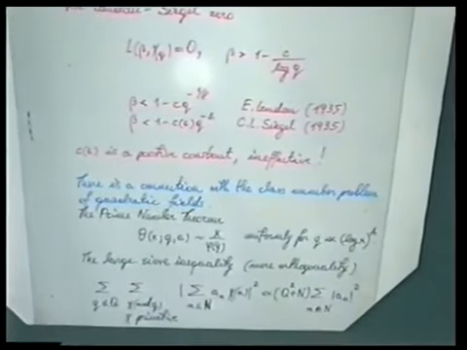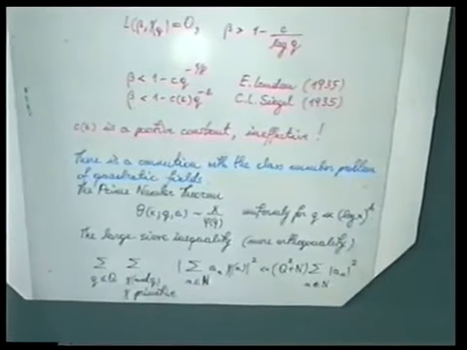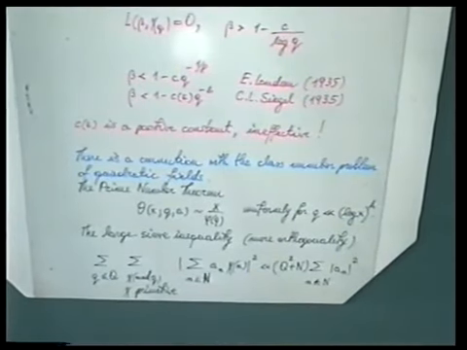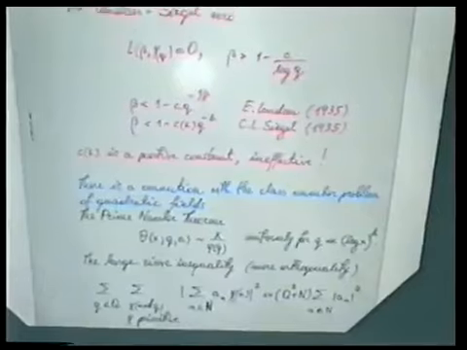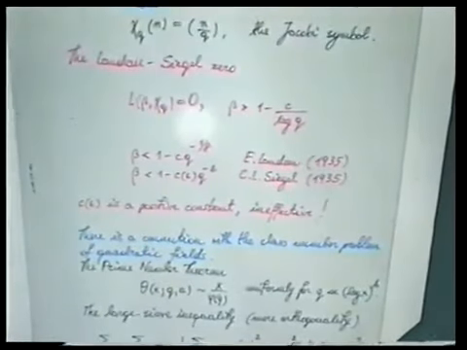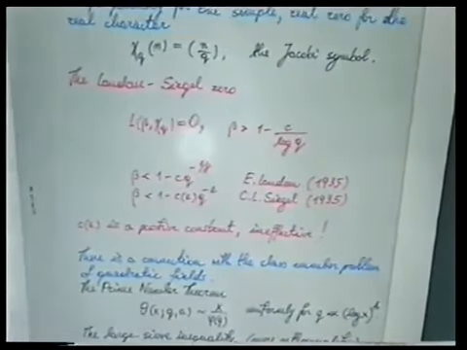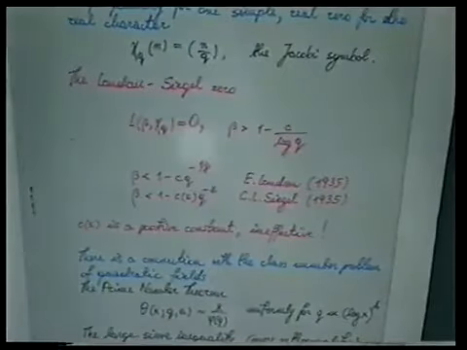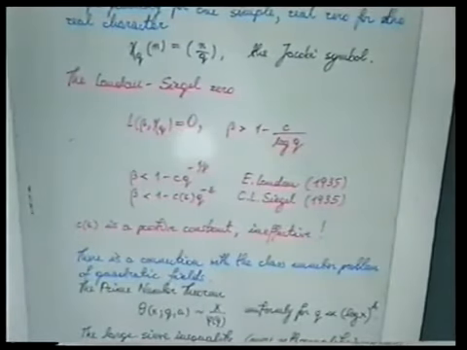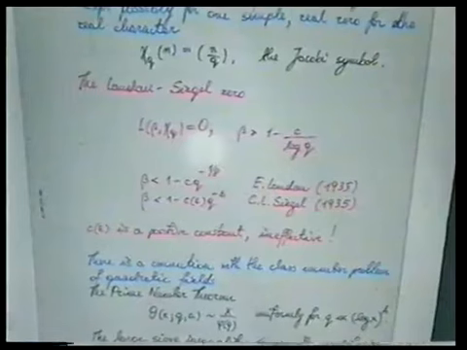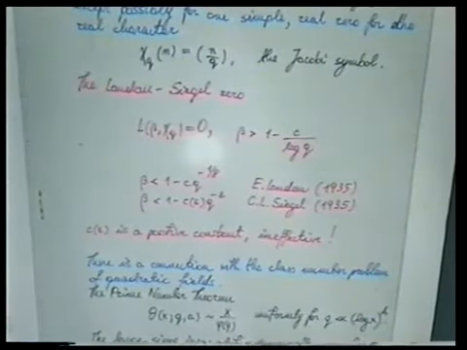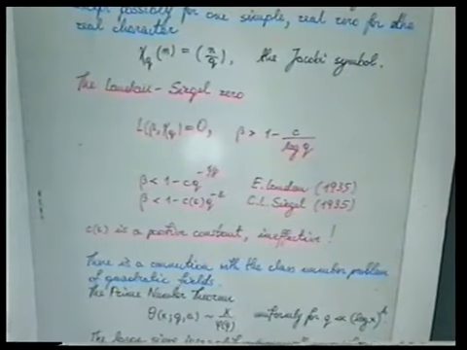This leads to a really vague definition of a Landau-Siegel zero, which is a zero of such a function which is larger than 1 minus a constant over log q. Of course, we all believe it doesn't exist, but what we know is that even this exceptional one is not too bad.